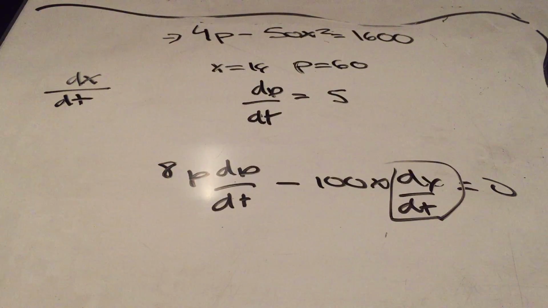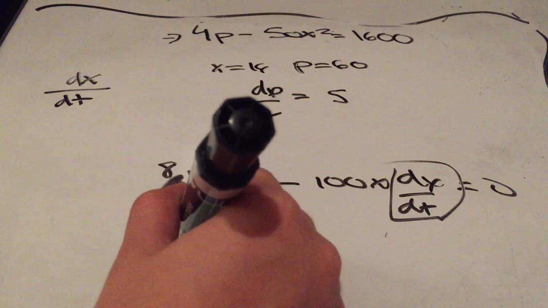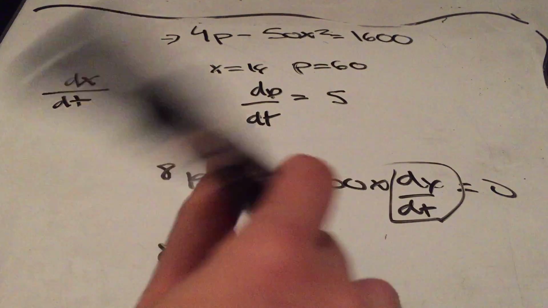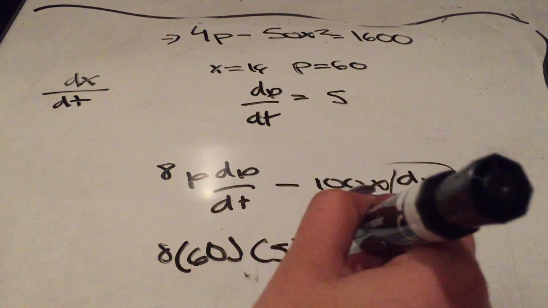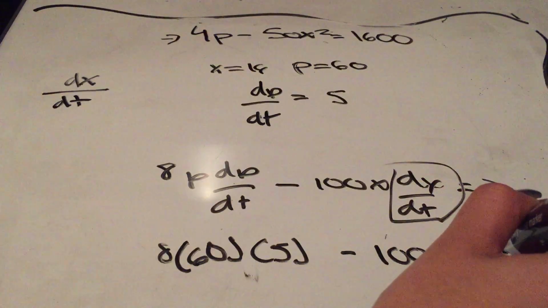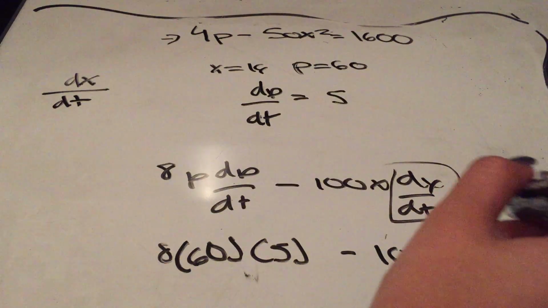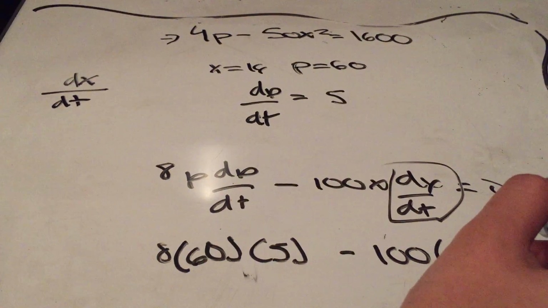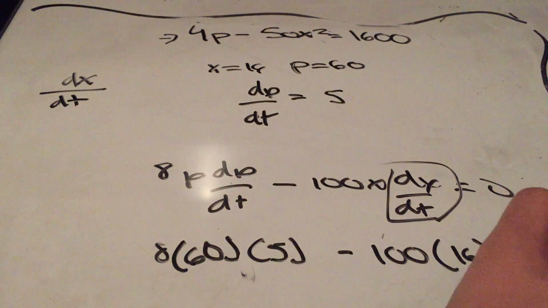But first we're going to substitute in our values in the appropriate places. p is 60, so it's going to be 8 times 60, and dp over dt is 5, and x is 16. We don't know what dx over dt is, so it stays.